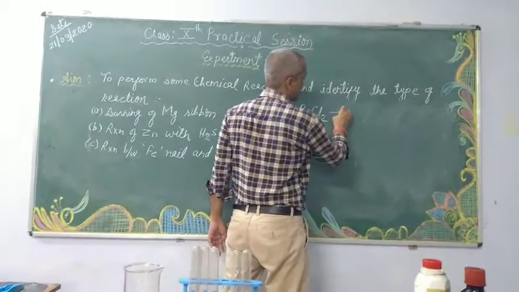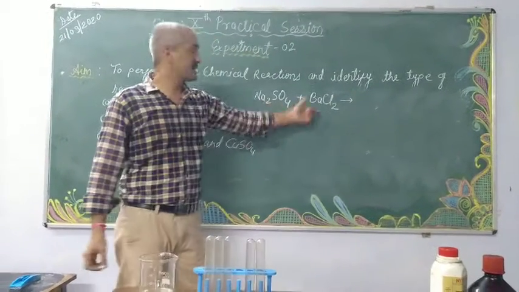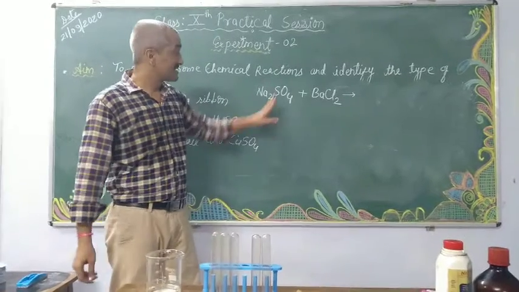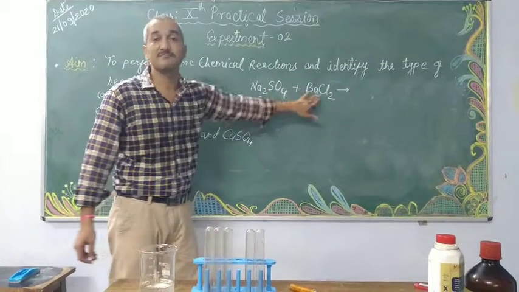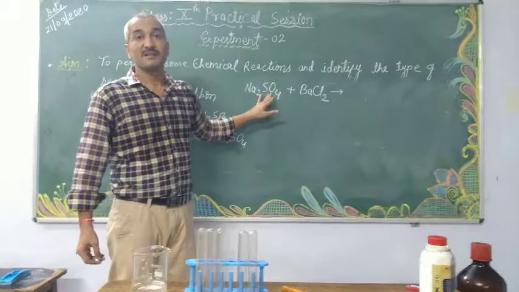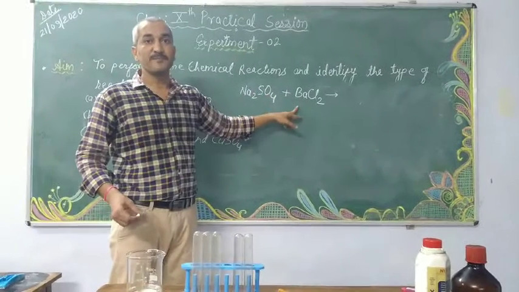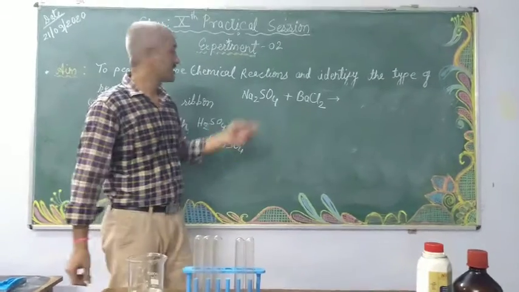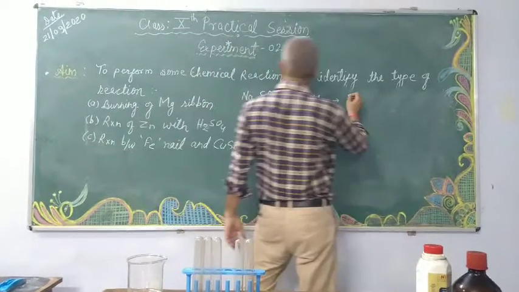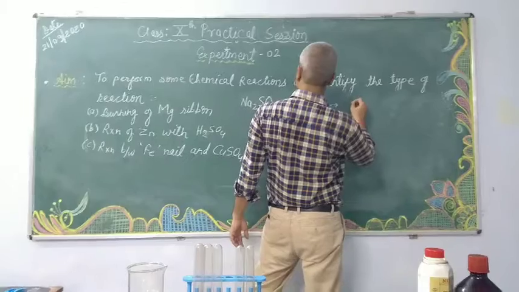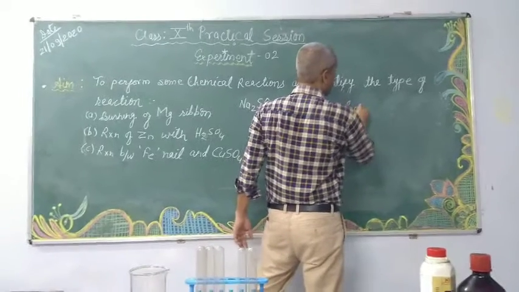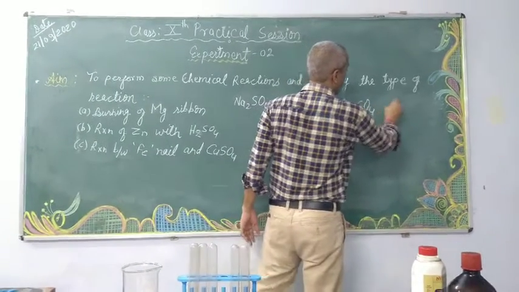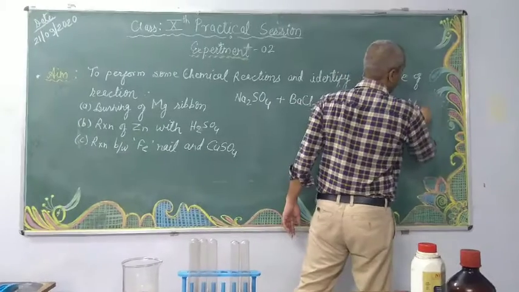And when the reaction takes place, what actually happens here? The displacement takes place here. But both of them take the place of each other. Got it? So the ultimate product formed here is BaSO4 plus NaCl.